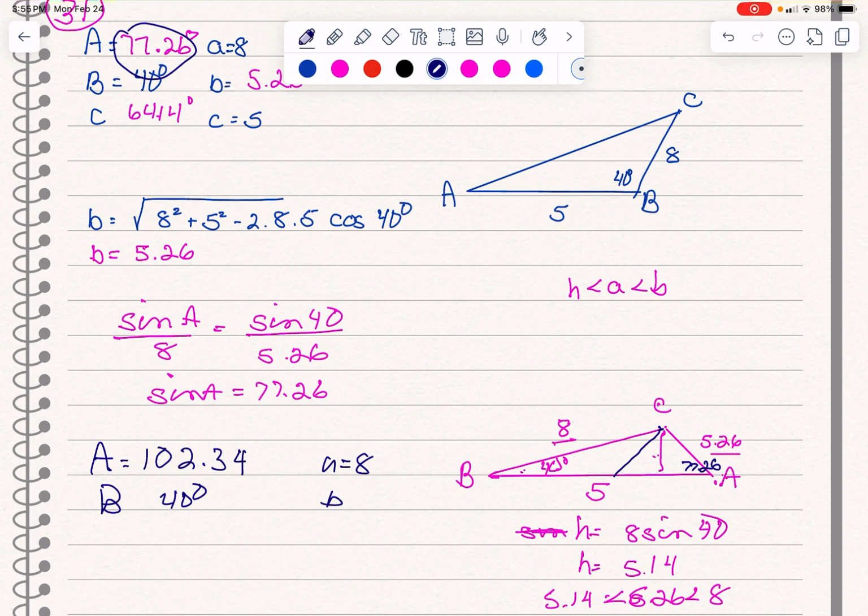Then C is not 64.14, that's what we got before. Now when we subtract, we get 37.62. And now it all lines up: the smallest angle has the smallest side.